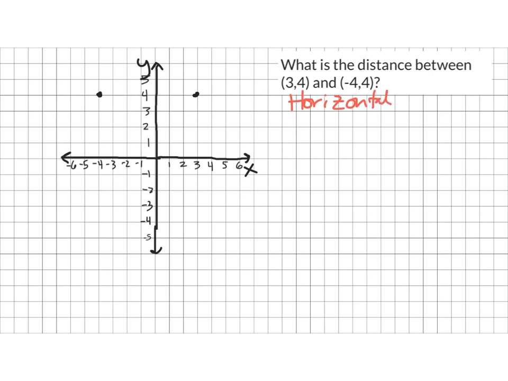And we can draw in a little dashed line or a solid line connecting them. And we can easily just count the points to see they're 1, 2, 3, 4, 5, 6, 7 points apart. Or not 7 points, 7 units apart.